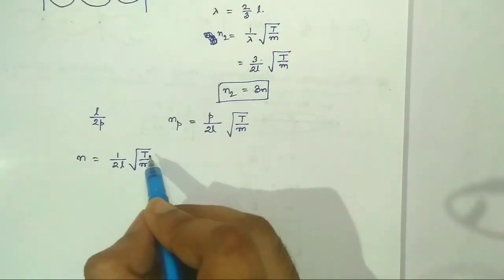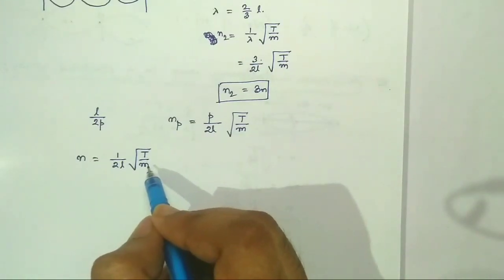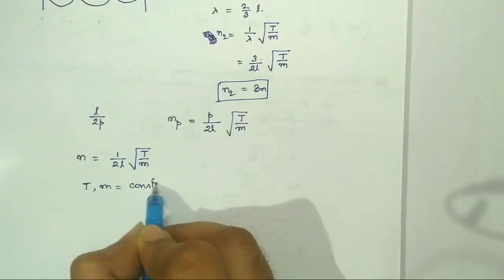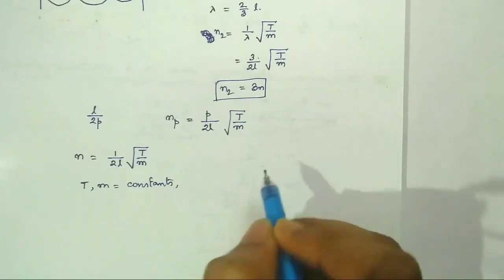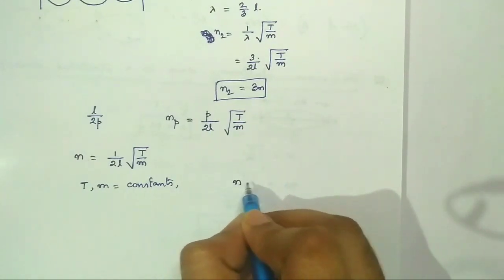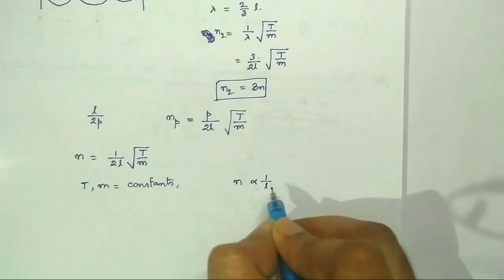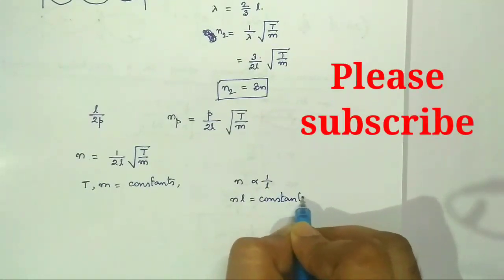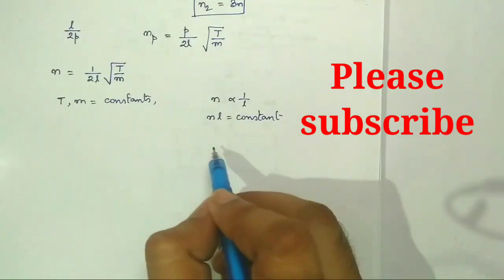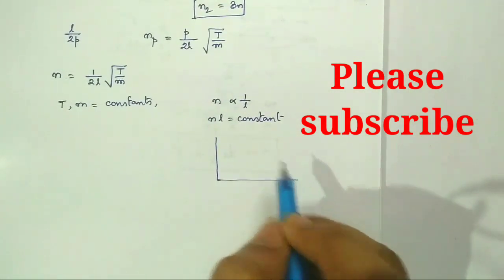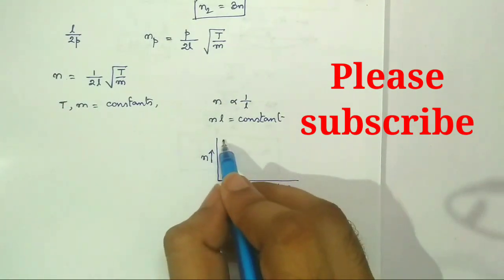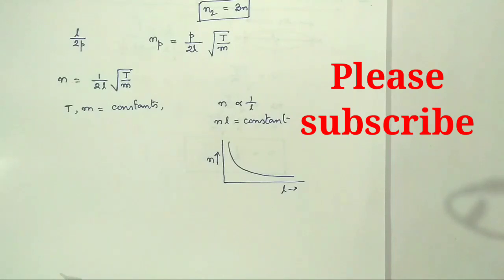If T and M are constants, then you can write here N proportional to 1 by L or NL equal to constant. Then what will be the nature of the N versus L graph? This must be a rectangular hyperbola, since NL equal to constant.